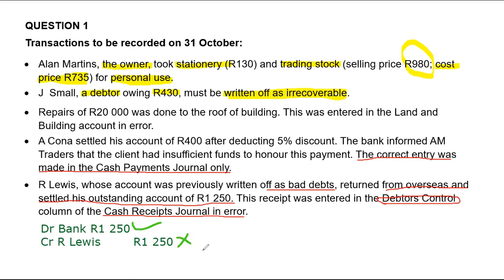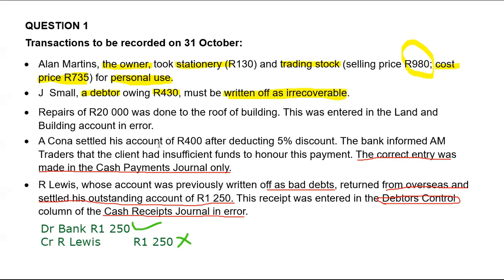So why reduce R. Lewis when R. Lewis is already owing us 0? If you were to credit R. Lewis, it means that you're saying R. Lewis is now a creditor, because we're going to have a negative balance in his account. So what you did here was wrong. You were not supposed to credit R. Lewis.